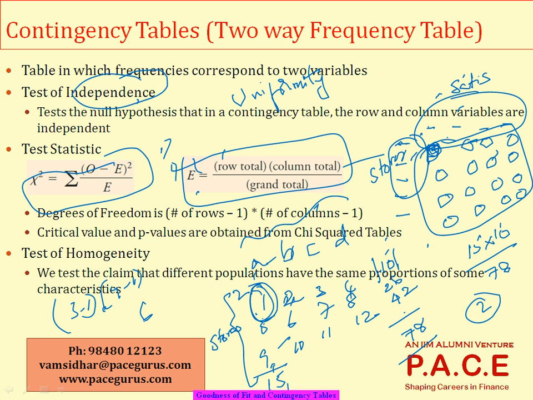So it will be used very well to test the homogeneity in the data, whether there is too much of a difference between the various values across the rows and the columns, or it can help us in testing the dependency or the independency between the variables.